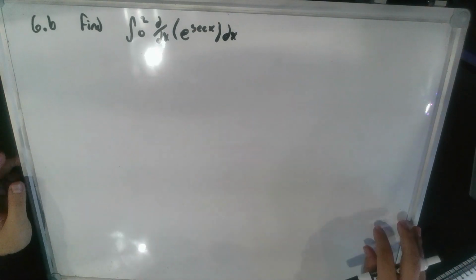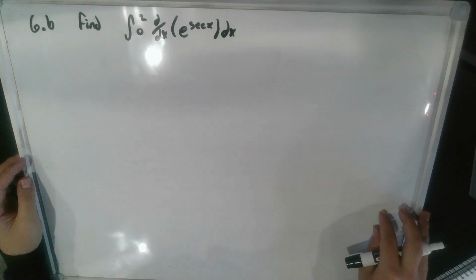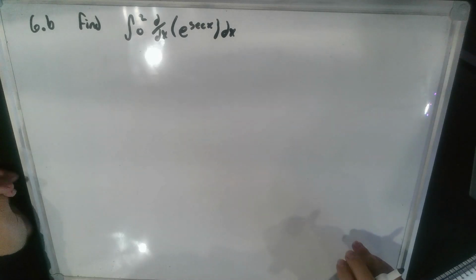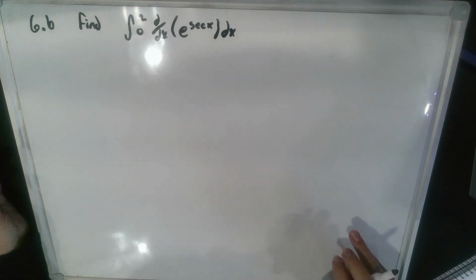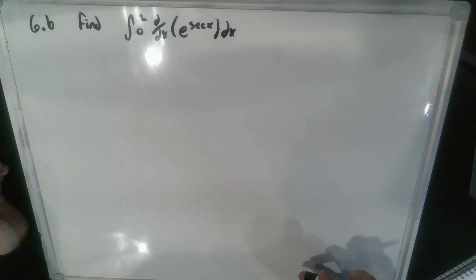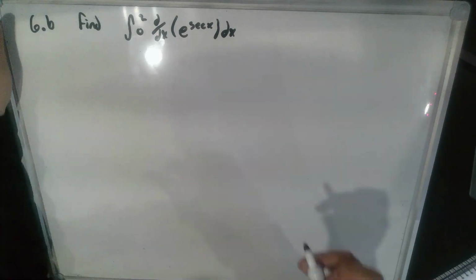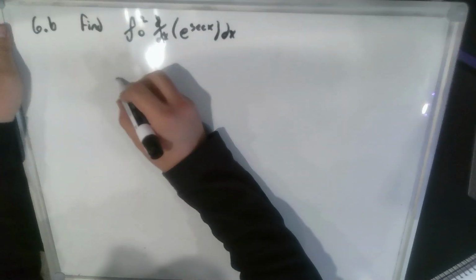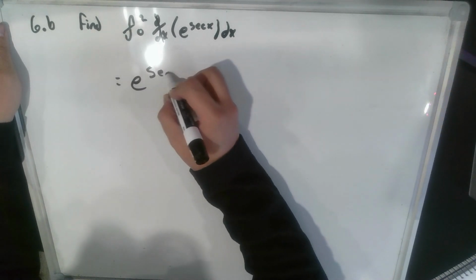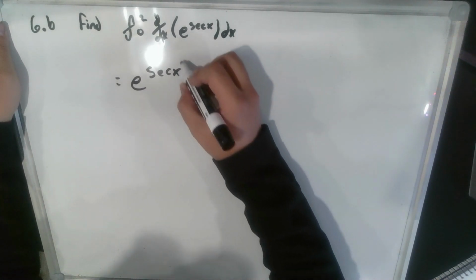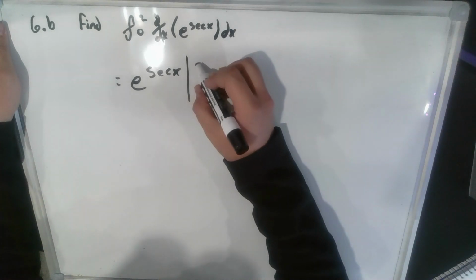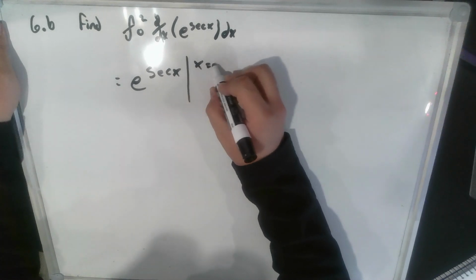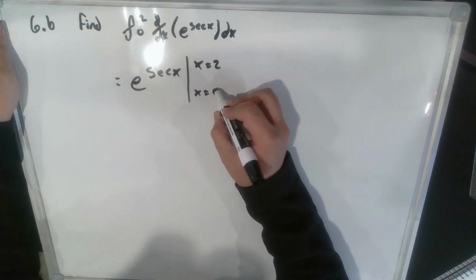This is problem 6, part B. Find the integral from 0 to 2 of the derivative of e raised to the secant of x dx. So these two cancel out, and then it becomes e to the secant x, but they need to be evaluated at x equals 2 minus x equals 0.